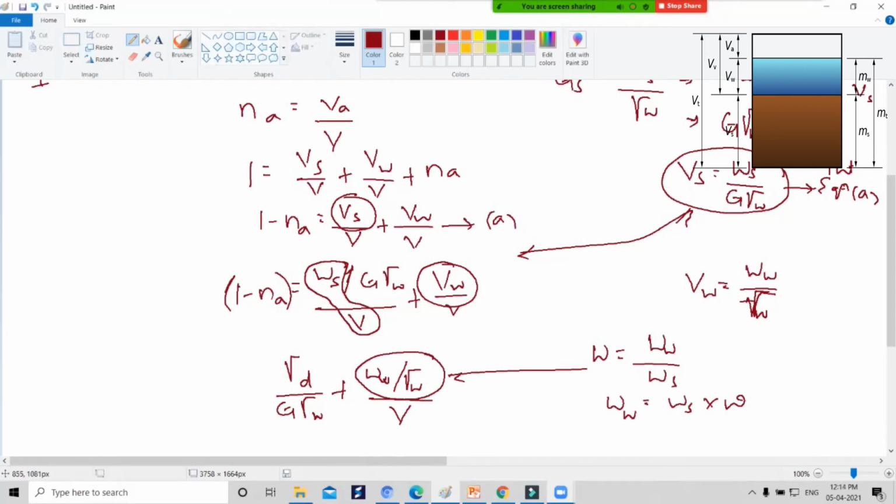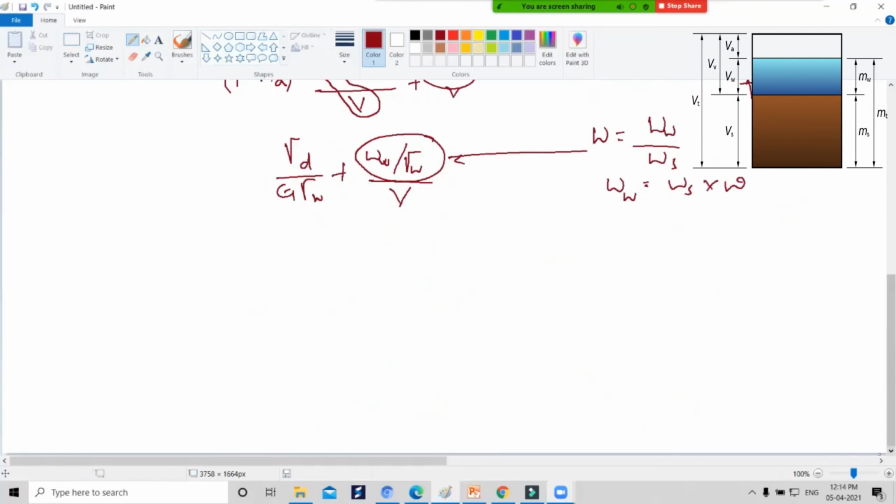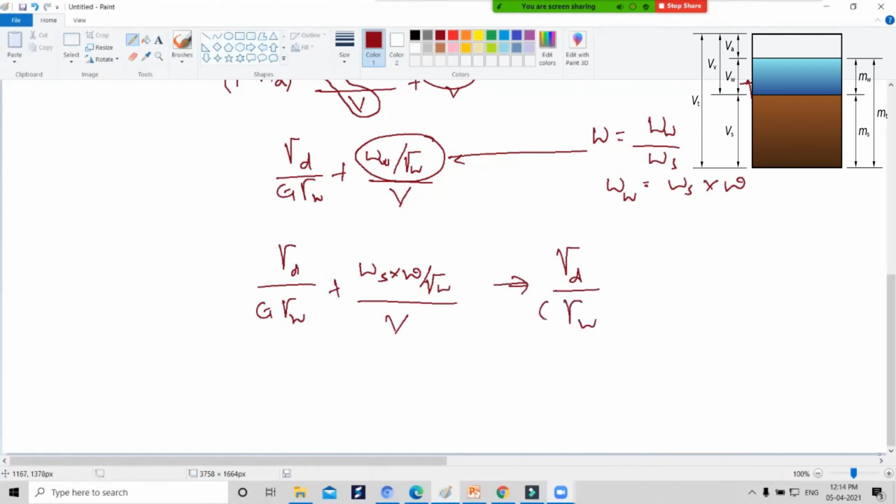Now this expression I can write as rho D divided by G rho W plus Ws into w divided by rho W. So we get rho D divided by rho W into 1 divided by G plus w, a simple one.